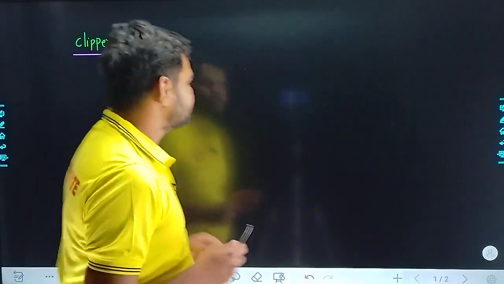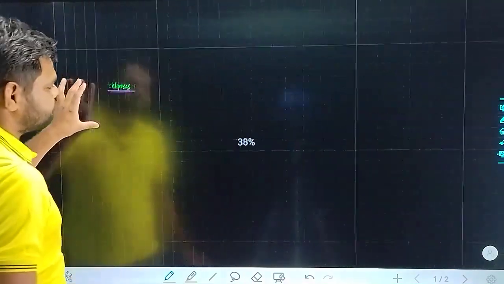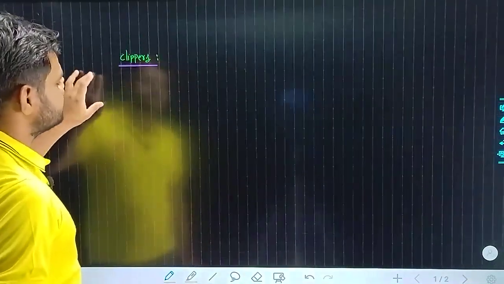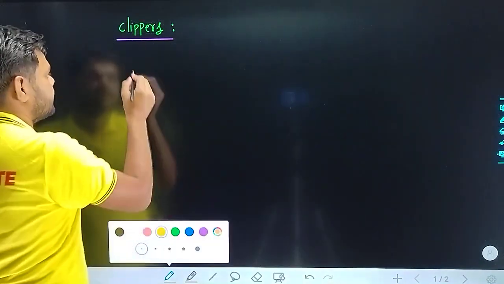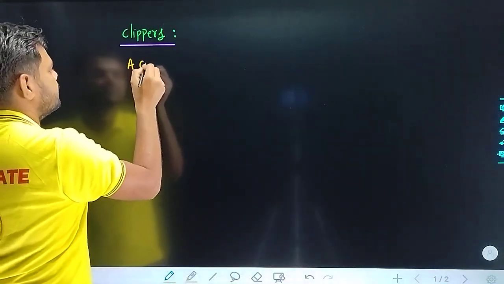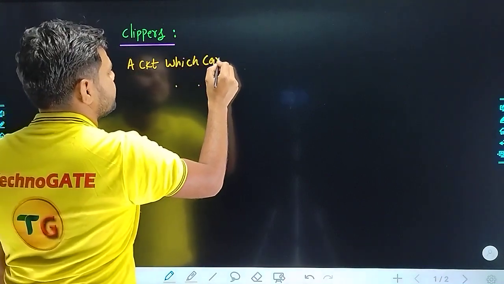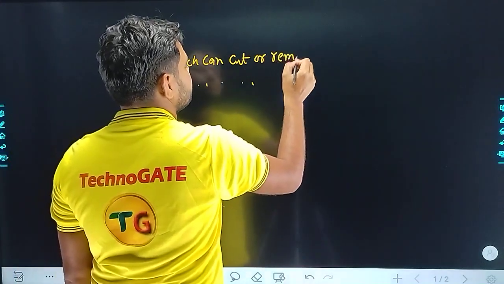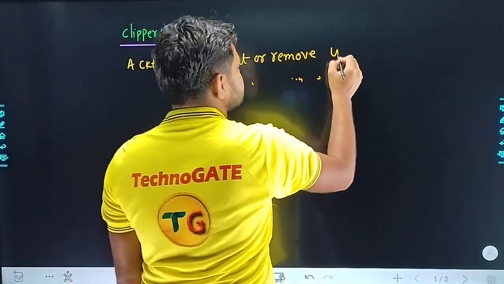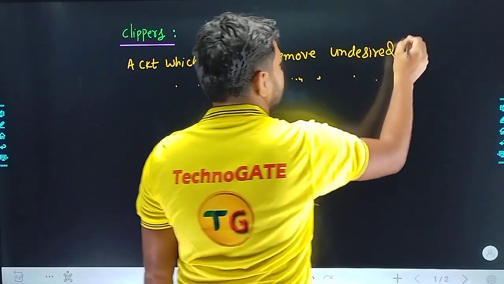Let's begin our discussion with the definition. What I said, just write it down. A clipper is a circuit which can cut or remove the undesired, or we say unwanted, portion of the waveform.